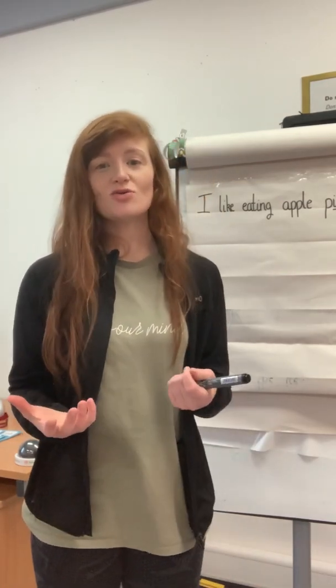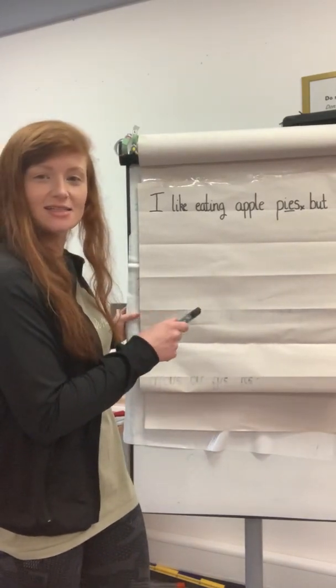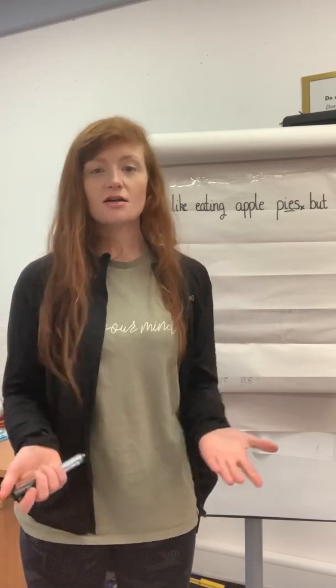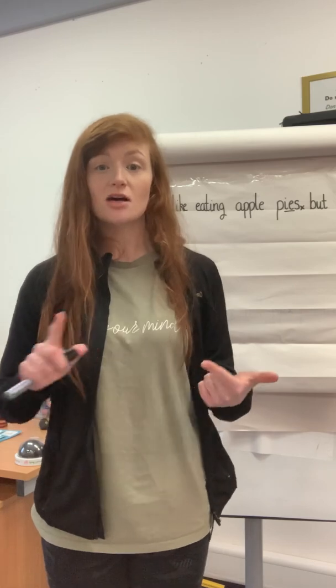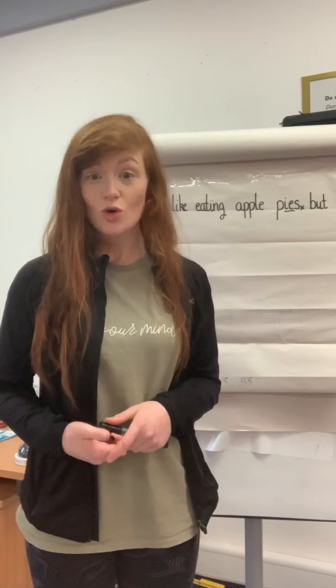So see whether you can use the conjunction but to extend that sentence, and then see if you can challenge yourself even further by writing other sentences with some of the words that had our digraph I in today, like cried, tried, lie, and see whether you can challenge yourself by using different conjunctions we've been learning this week to extend your own sentences.